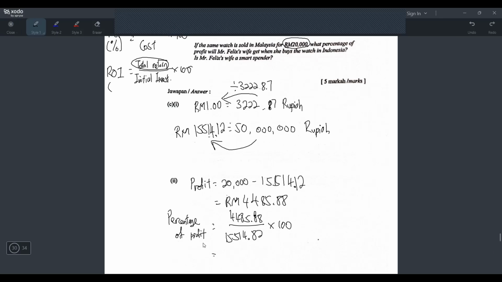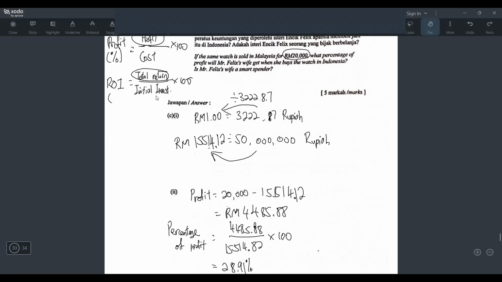Let's press and see what you get. My calculator gives me 28.91, but you have to write percentage. This is automatically in percent already. So this is the answer. Let me just check with the answer quickly. Yes, correct.